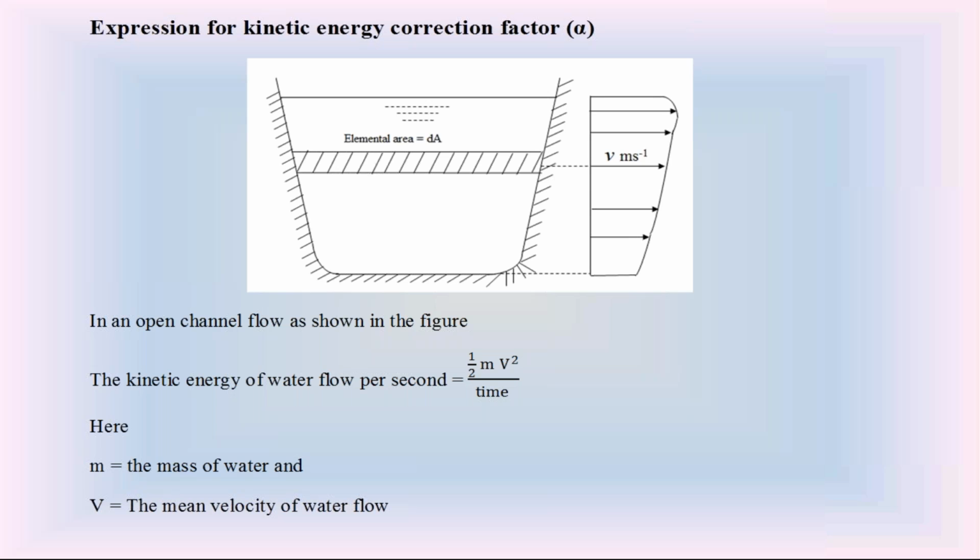We consider the open channel. The water is flowing in the open channel. Take this depth of flow as y. Just now we discussed, because of the atmospheric pressure on the top surface and due to frictional force on the sides, the velocity distribution in the open channel is non-uniform.